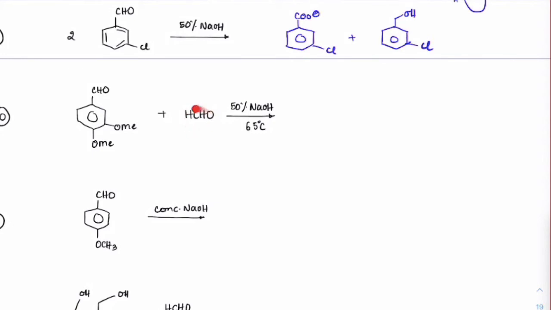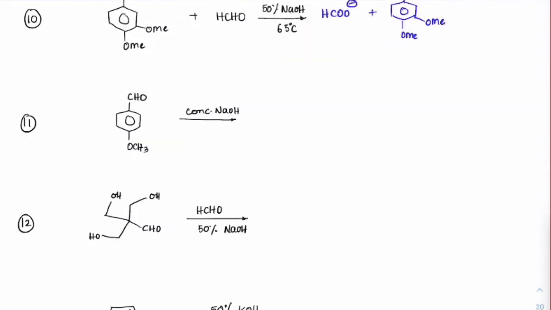If we react that with HCHO here, we know that HCHO will be the most reactive one, so that will become carboxylate, and the other part will become alcohol, OMe, OMe and CH2OH. OCH3 is present here.